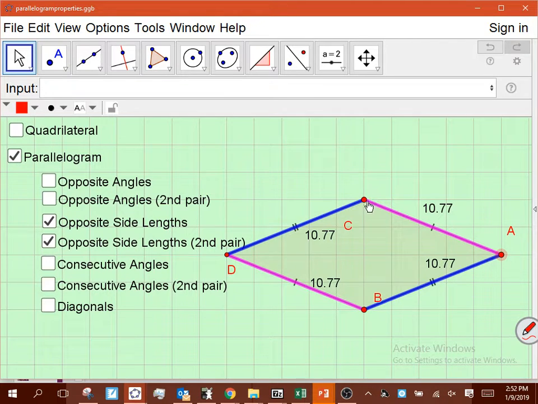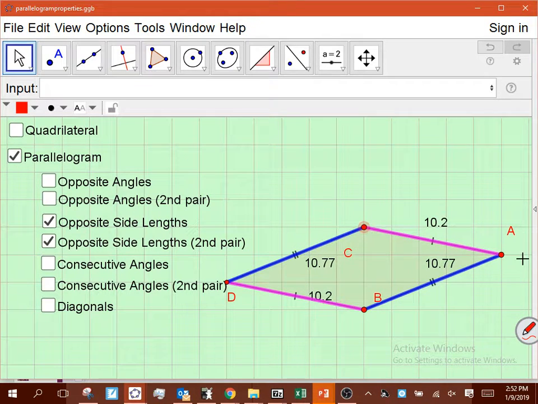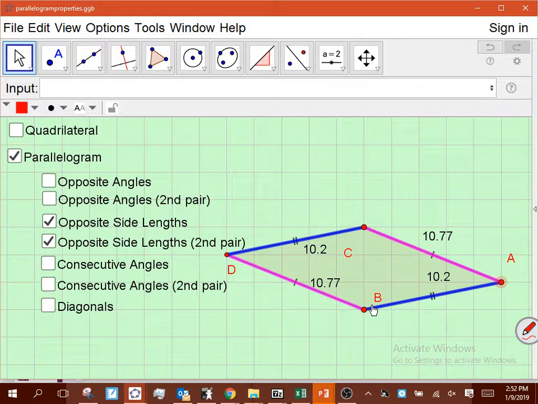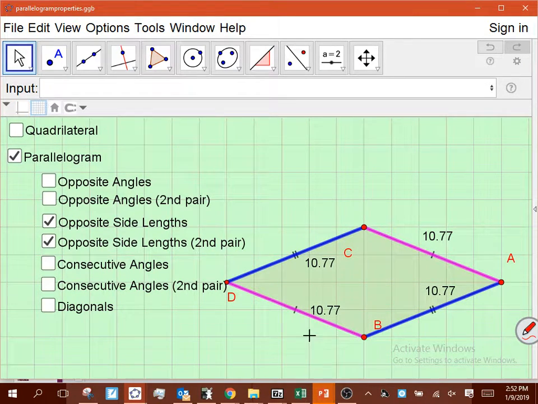Make it more drastic. Is that a square? I need to go one more. Okay, so that's not a square, right? Those angles are not 90-degree angles. In GeoGebra, it looks like a 90-degree angle. So none of those angles look like 90-degree angles.